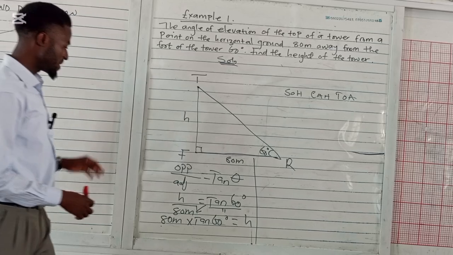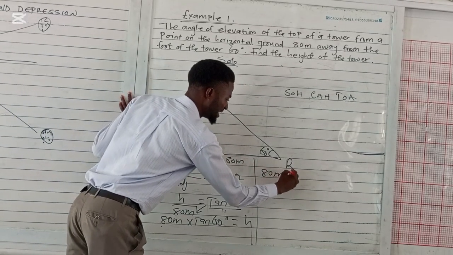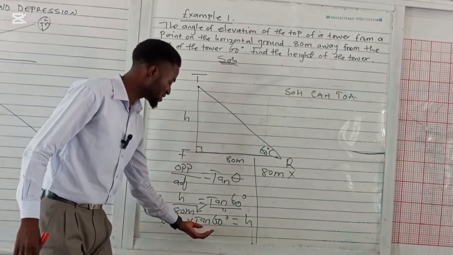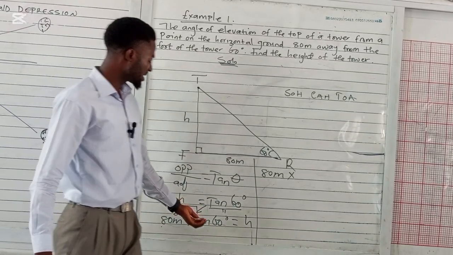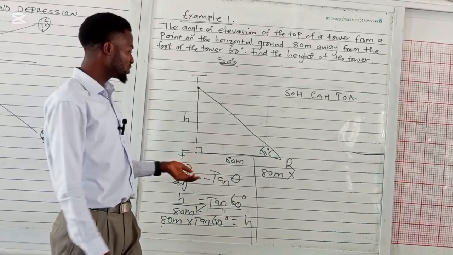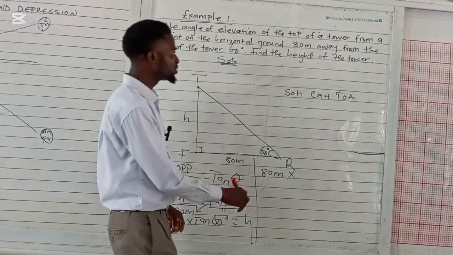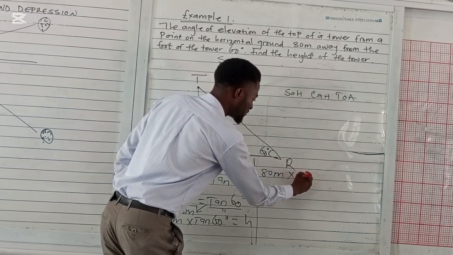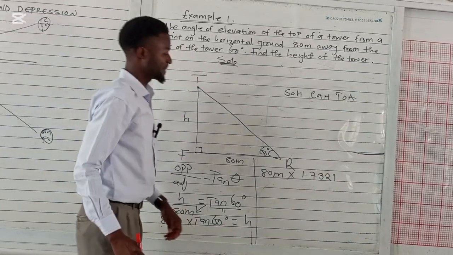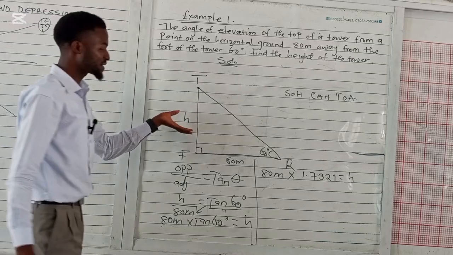So we have 80 meters times tan 60. You can use the special angle, or go directly by pressing tan 60 on the calculator, which gives 1.7321. This is equal to h, because we are being asked to find the height.